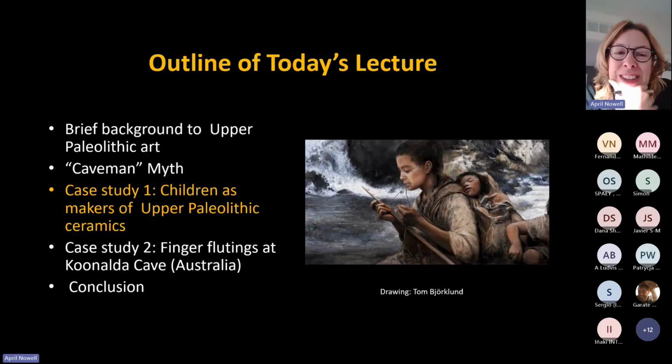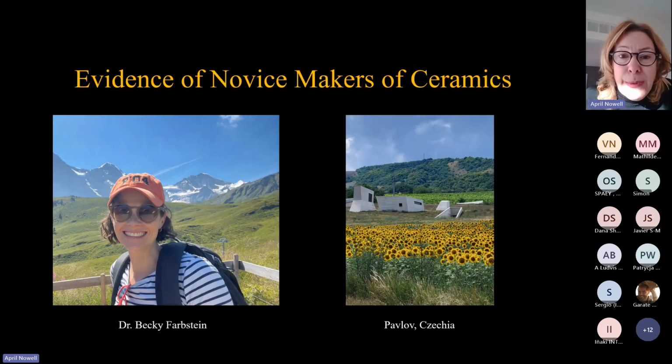But what I did want to do today was talk about one of the studies that I'm doing with Becky Farbstein on children as possible makers of Upper Paleolithic ceramics. This is Becky Farbstein, who I've been working with. She's an expert in Gravettian ceramics, and I've always wanted to work with her, and I thought this would be a wonderful way for us to combine our interests, mine in children and hers in ceramics.